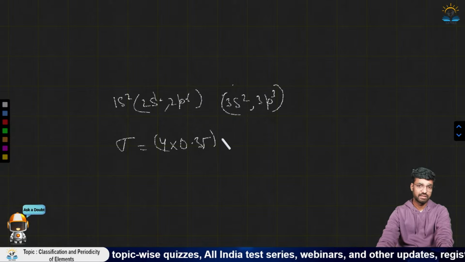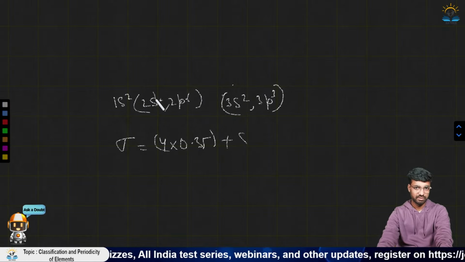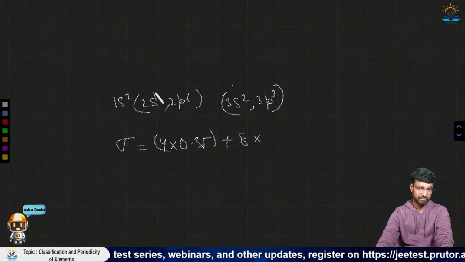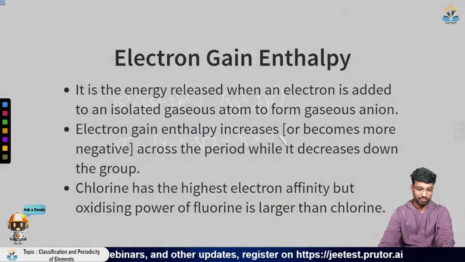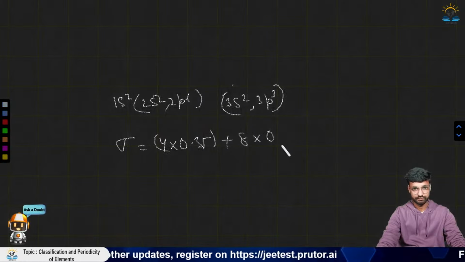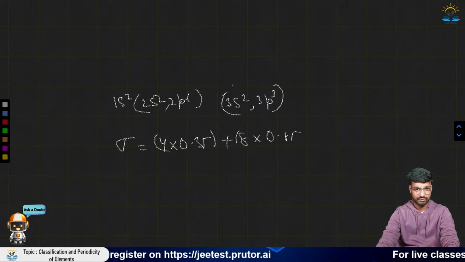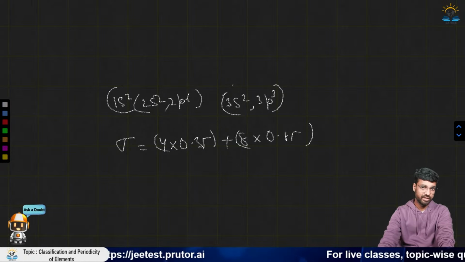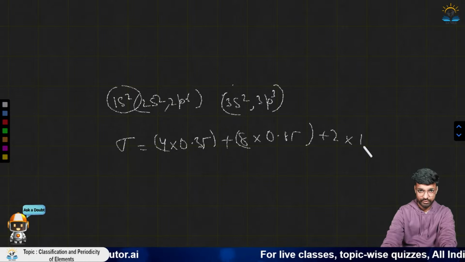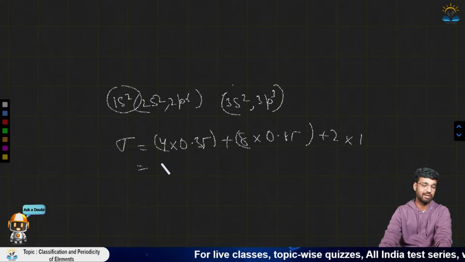Now the remaining electrons are 8, so it will be 8 into 0.85. Now the remaining are 1s2, so it will simply be 2 into 1. You will just add these and you will get the value of sigma.